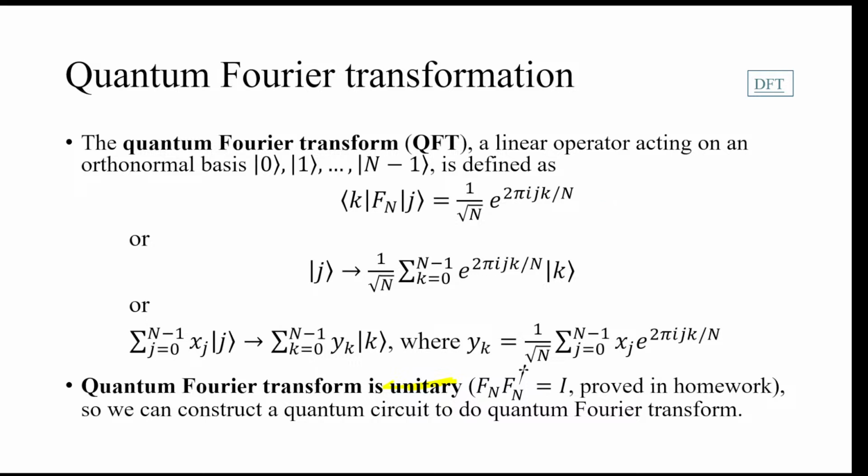Or the nice form we always want is 1 over square root n, omega sub n to the jk power. And in terms of more direct application, we can say the computational basis state J will get mapped to this 1 over square root n.